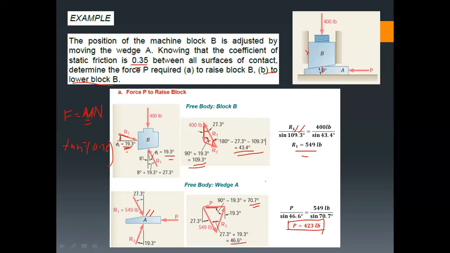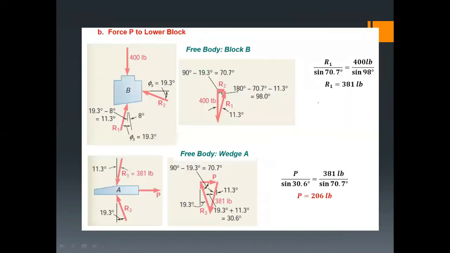And then we have already gotten the force to raise the block, and now the return or the pull, where we can remove our wedge. Same thing, there is friction here, so its reaction is on the other side, and we make a triangle of our forces. We have R1, and on the other side it turned, so 19.3 minus 8, which is 11.3, opposite R2.